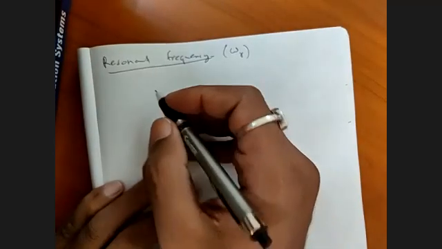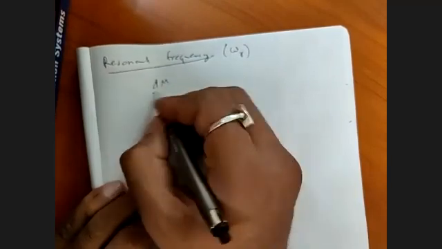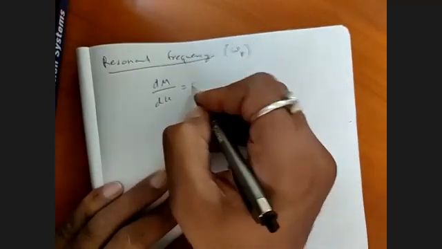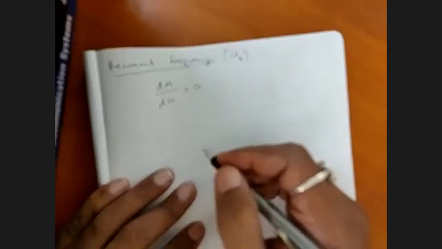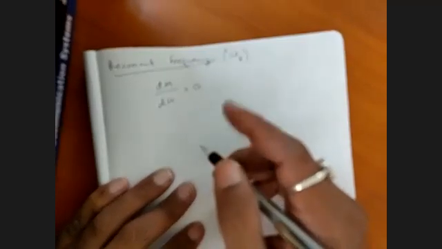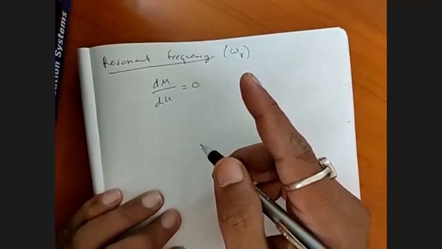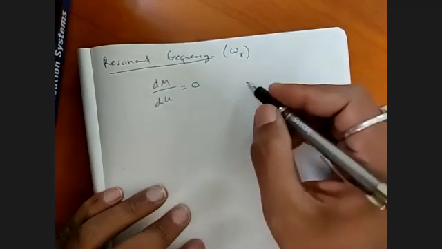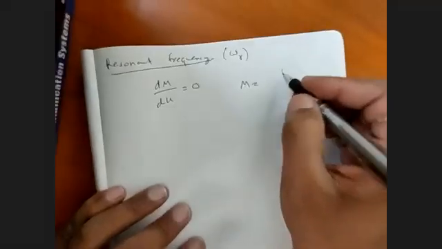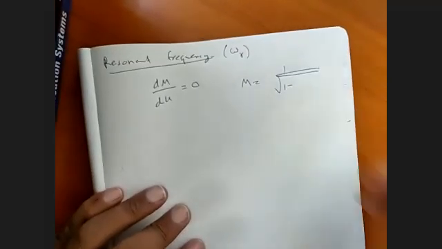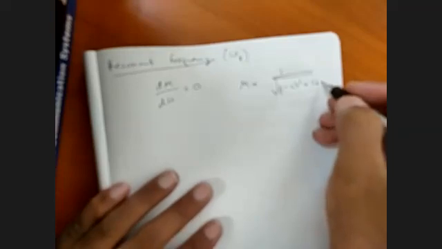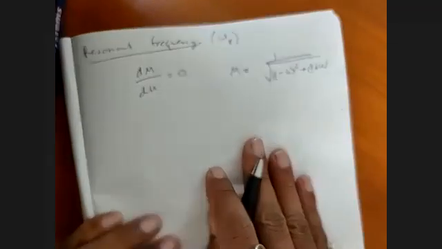And as you understand, to find the maximum value, we have to make dM by du equal to 0. To calculate dM by du, we have M as 1 upon under root of (1 minus u square) whole square plus (2 delta u) whole square. This is the magnitude of the system.